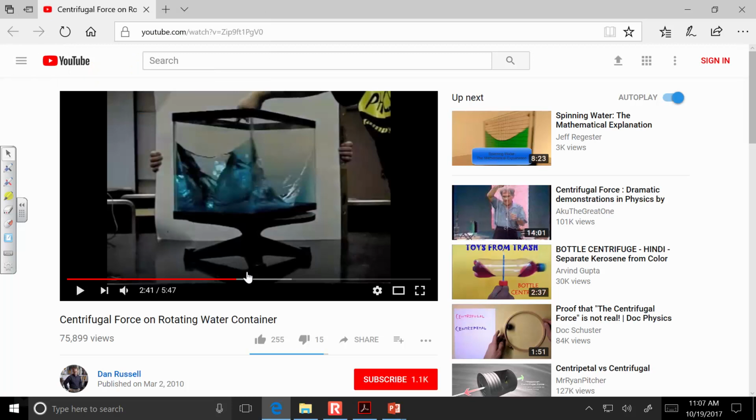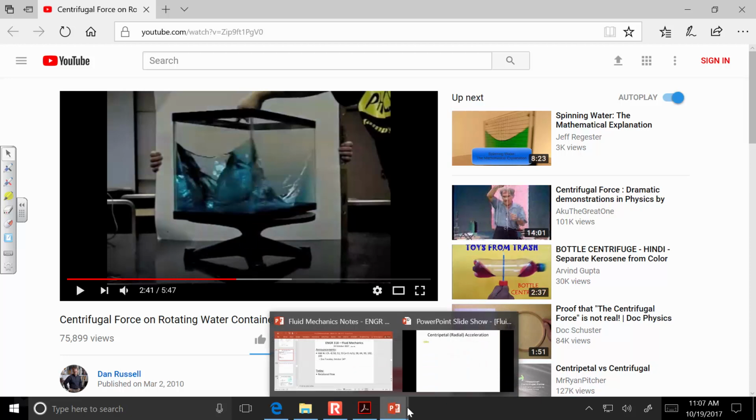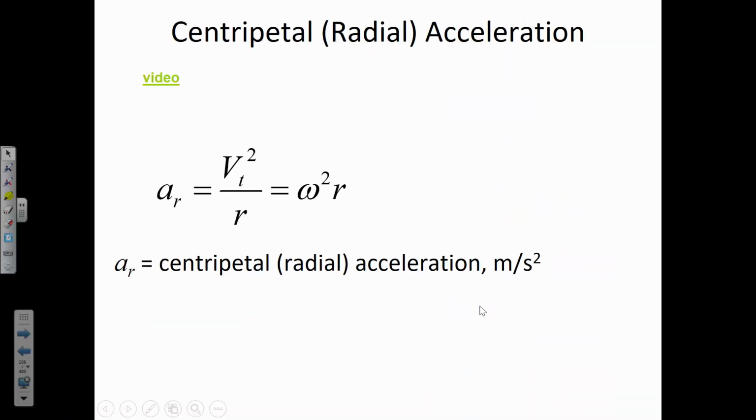Okay, so radial acceleration. This is an important formula, and it relates the centripetal acceleration, which still has units of meters per second squared, regardless of whether it's local, convective, or centripetal acceleration. Now this omega term is the rate at which it's spinning, and it has units of inverse seconds.